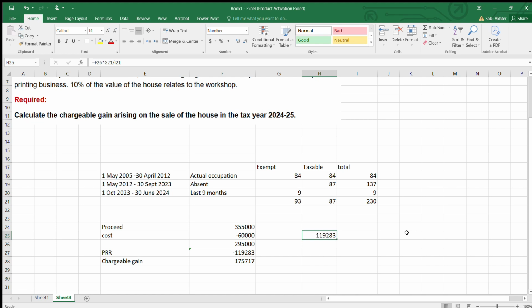Now with this 295, another relief will be added when it has been used for the business purpose, the trading use part. For the private part you can claim a relief on that 295 into 137, this is the total, divide by 230.